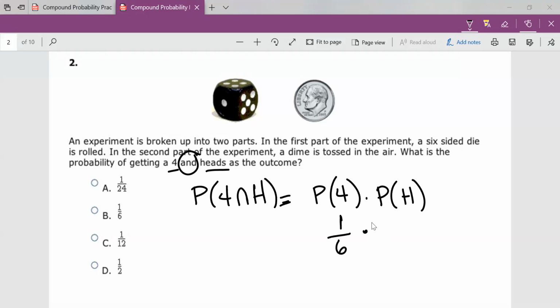And then you're going to multiply that by how many heads there are on a dime. There's only 1. Anybody know what president that is? And that's going to be out of 2, as the other side's tails. When you multiply that, you get 1 out of 12, which would be answer C. Make sure you simplify your fractions.